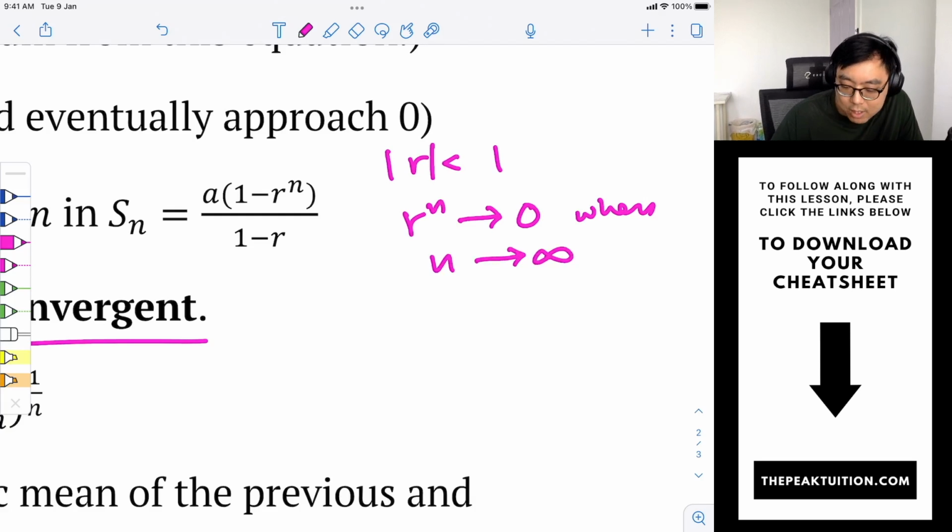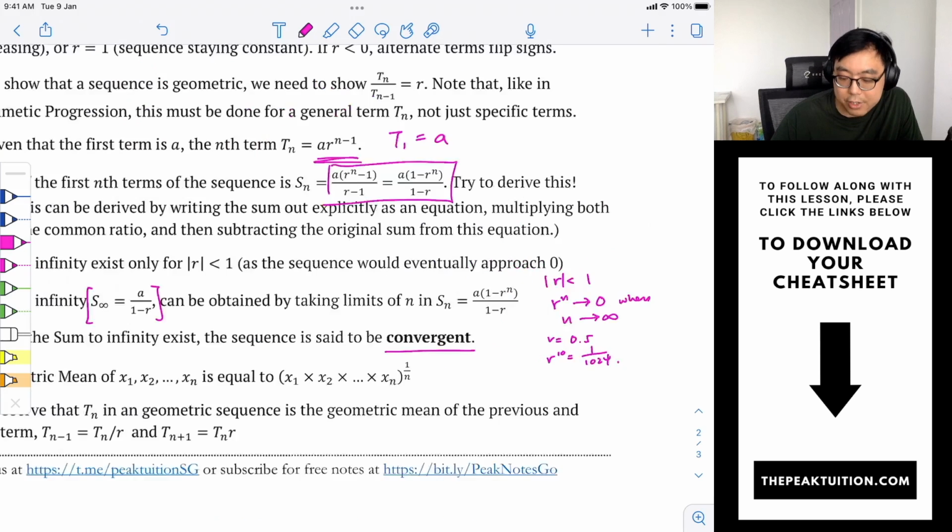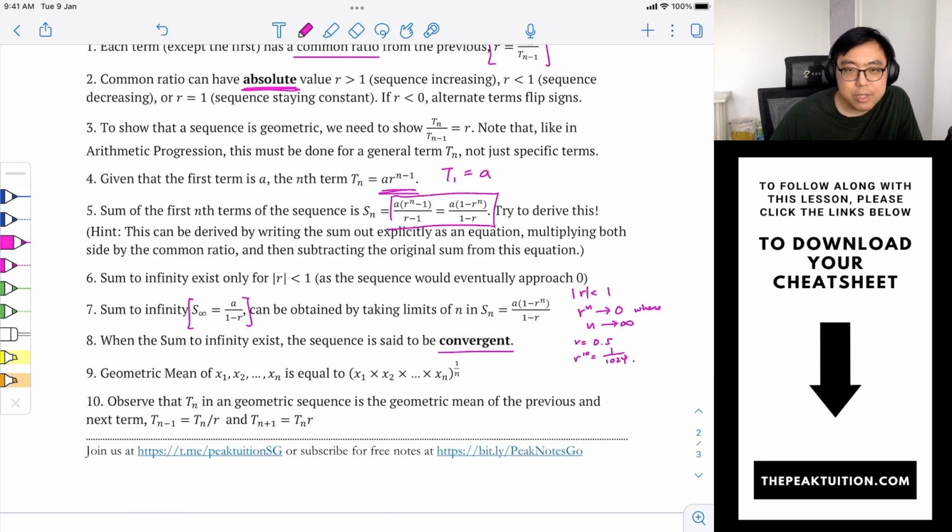You can try to press in your calculator. Let's say r is 0.5. You can just try r to the power of 10, which would be 1 over 1024, which becomes very small. If it's 100, then it's even smaller. So eventually the ratio becomes very, very tiny. Then your terms become very tiny and your sum approaches a constant.